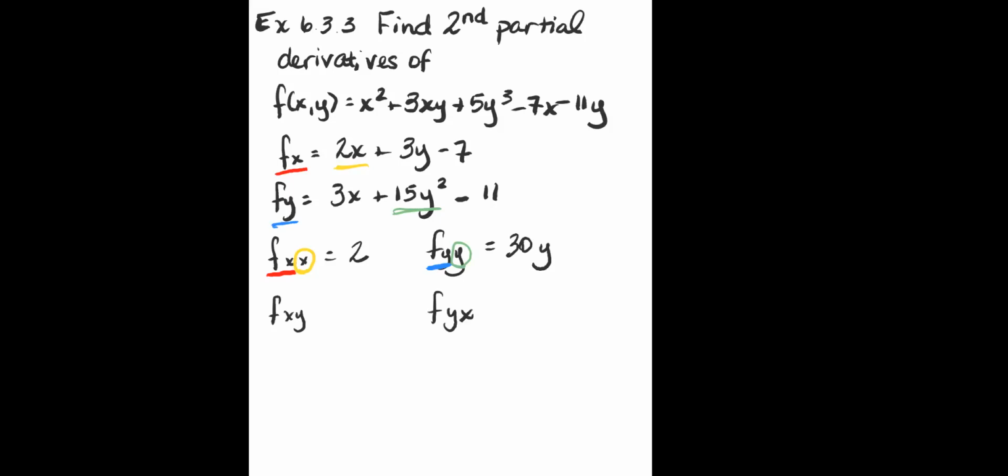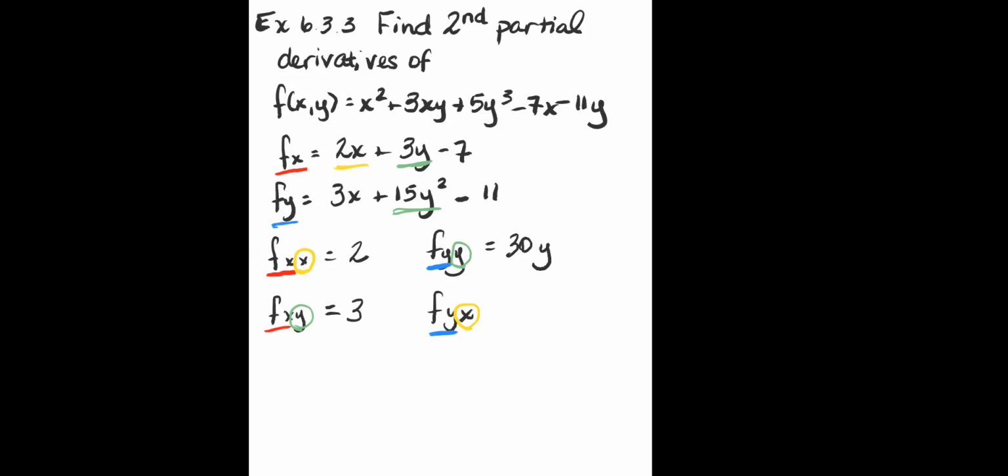Okay, so again, these colors are super, super helpful. This one says take f of x and take the partial with respect to y. Okay, so we're going to go up here and look at this one. I want black. And I get just 3. So here I'm going to look at fy and then take the partial with respect to x here.